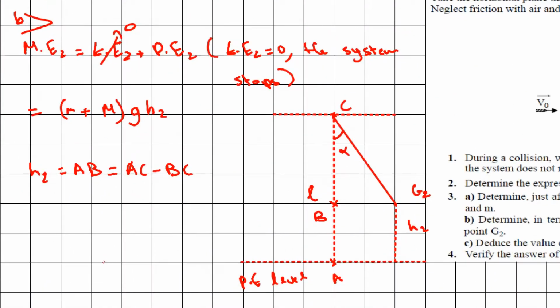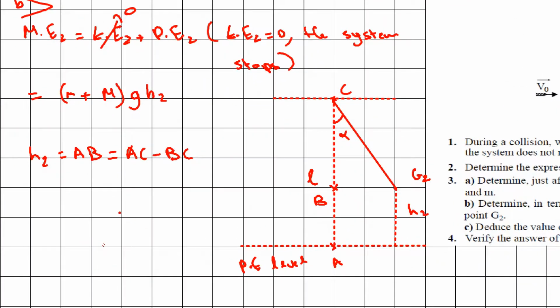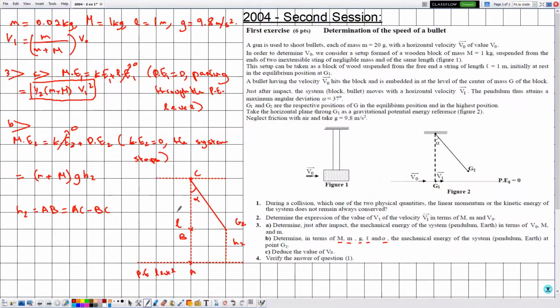Why so? Because we know that AC is equal to AB plus BC, so AB is nothing but AC minus BC. So this length here is the total length minus the length from B to C.